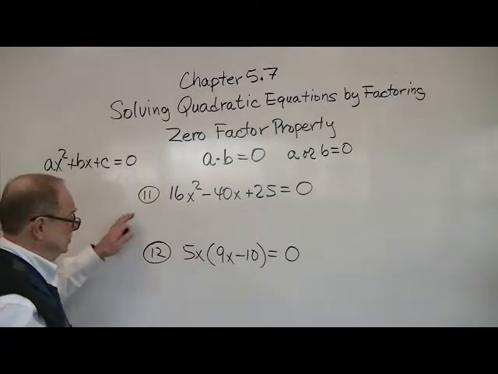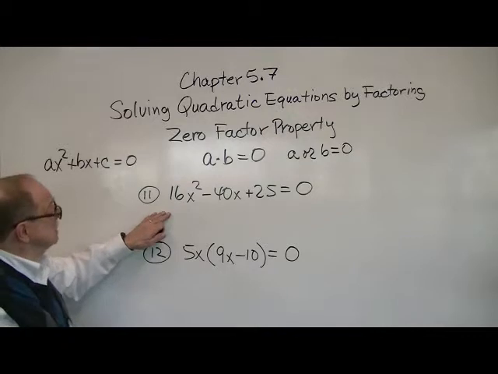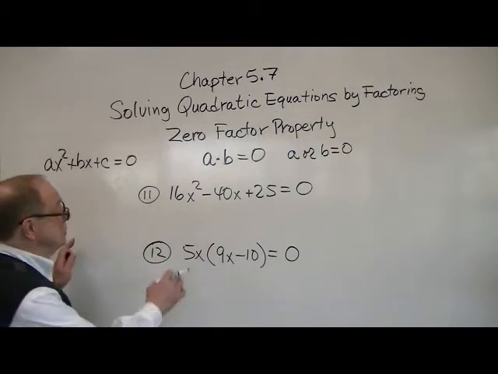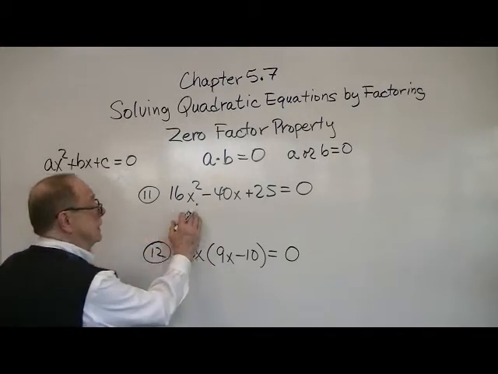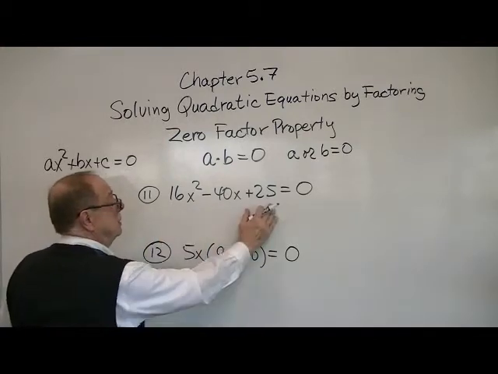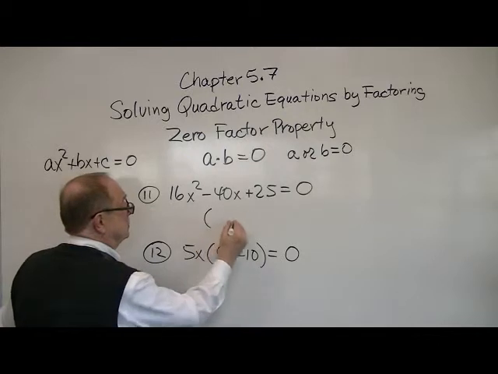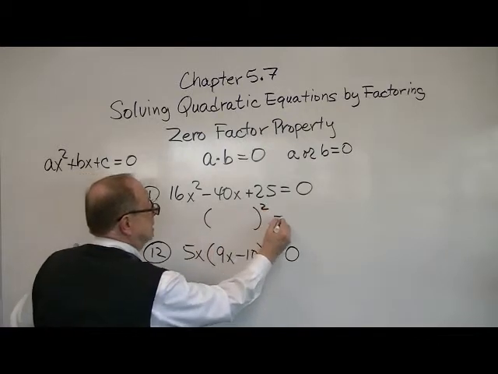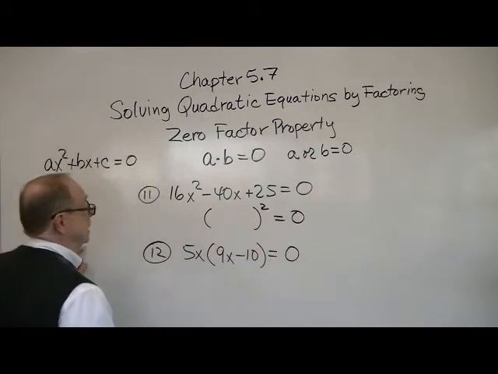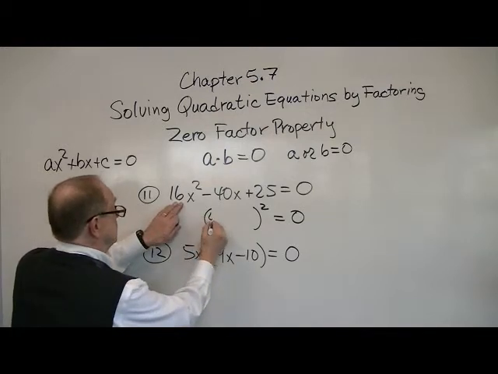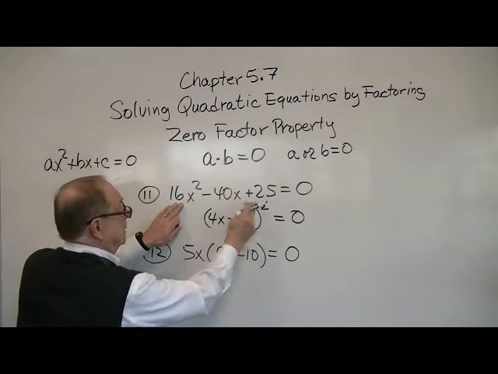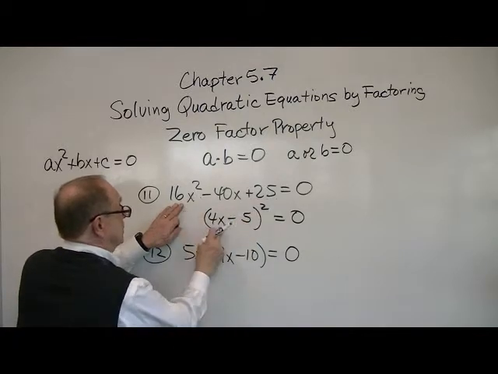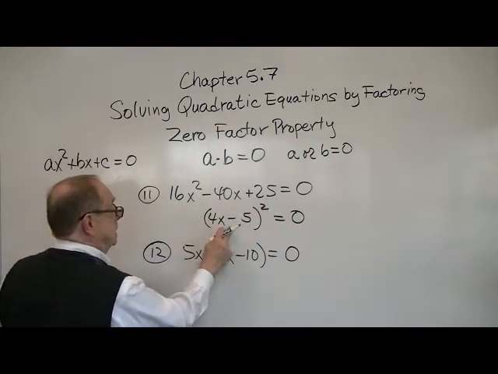Okay, here is getting a review of what we did before. Do you recognize this? This is a perfect square trinomial. So this will factor into something like this. And we'll take, that's going to be 4x minus 5, squared.